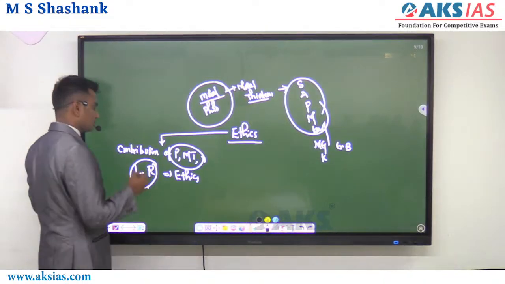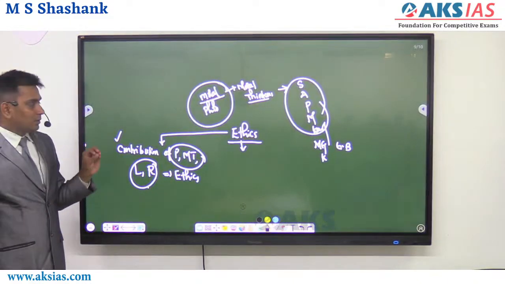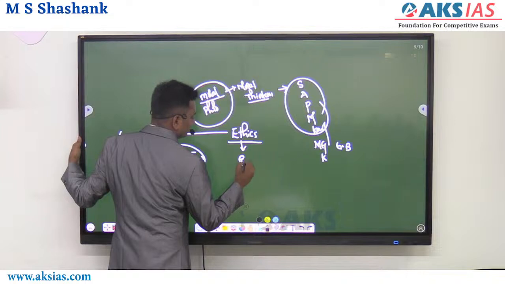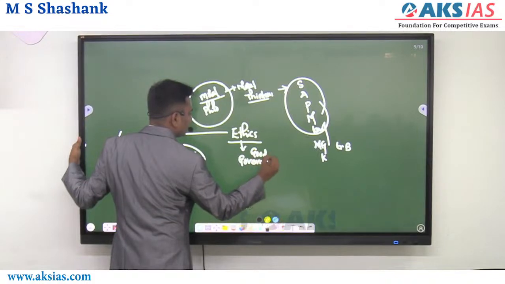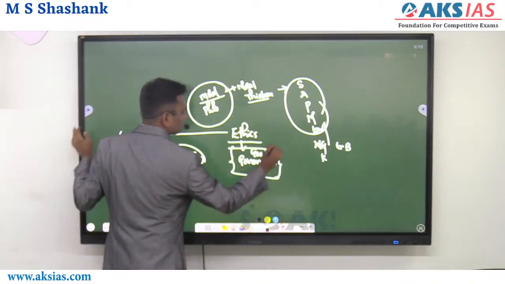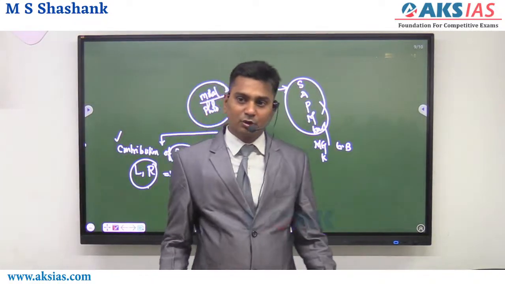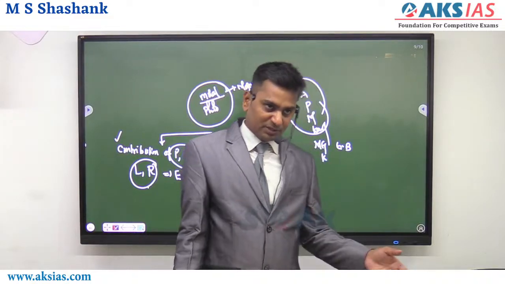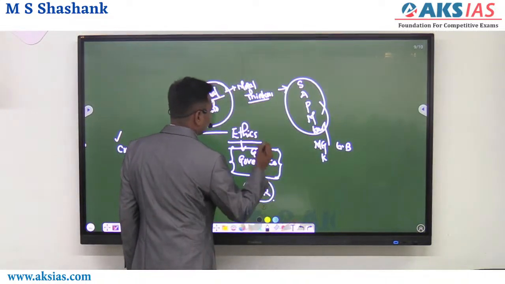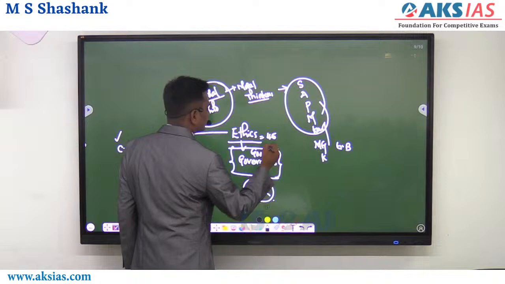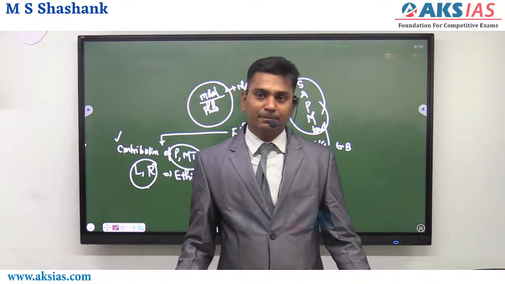Second thing, in ethics, you have a governance component, because ethics in public administration is nothing but good governance. You have good governance and issues related to good governance. Again, this takes you to the IGP governance topic, which is already covered under PSIR. So somewhere around 45% of the ethics paper overlaps here.